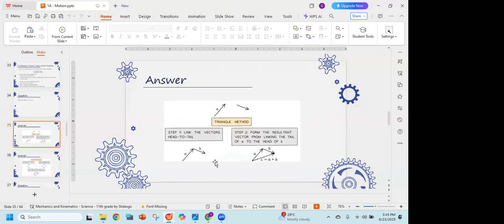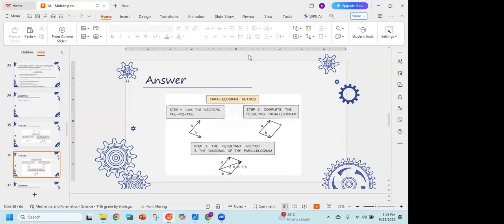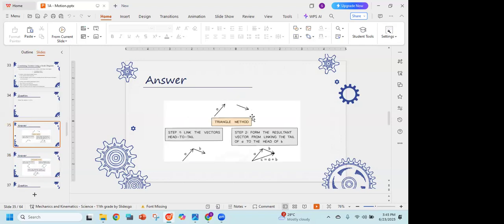That same thing I'm going to do using the parallelogram. Once again, these are the two vectors I have.